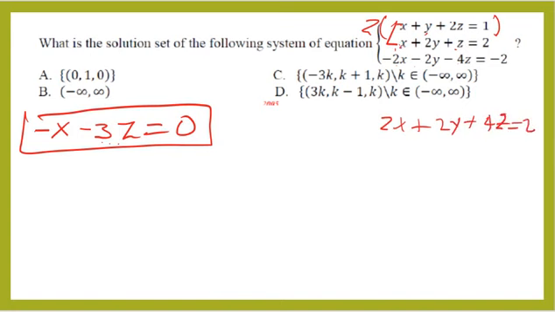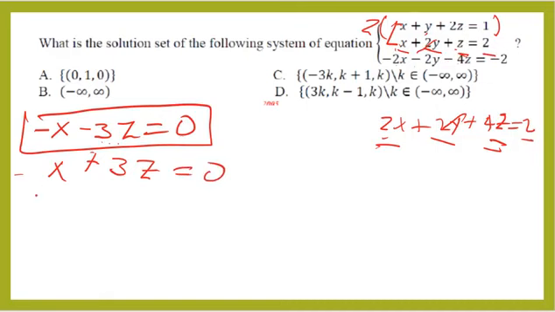Then subtract it. 2x minus x, just x left. And 2y minus 2y will be 0. We are eliminating. Then 4z minus z will be 3z, is equal to what? 0, because 2 minus 2, we are subtracting.